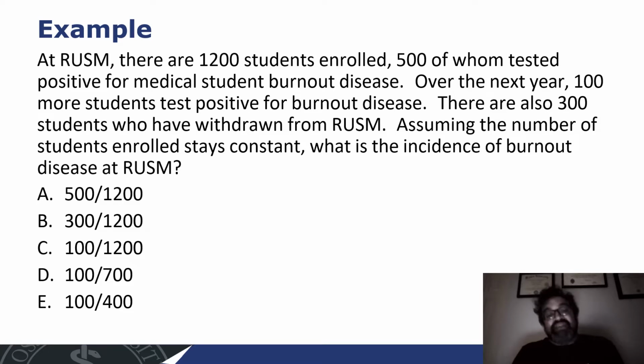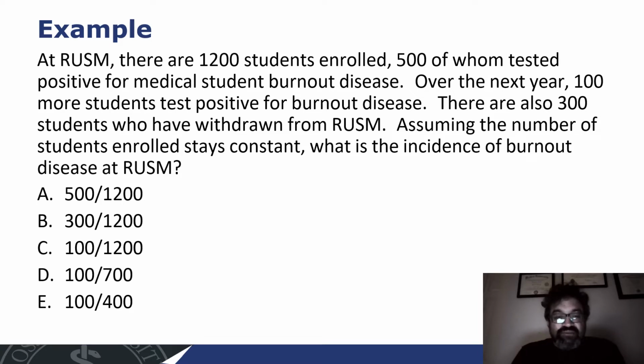So let's take a look at an example. At Ross University, there are 1,200 students enrolled, 500 of whom tested positive for medical student burnout disease. Over the next year, 100 more students tested positive for burnout disease. There are also 300 students who have withdrawn from Ross University.